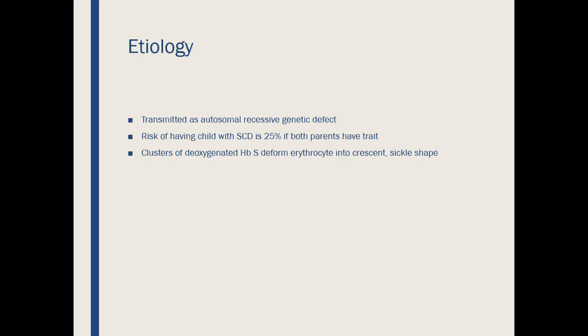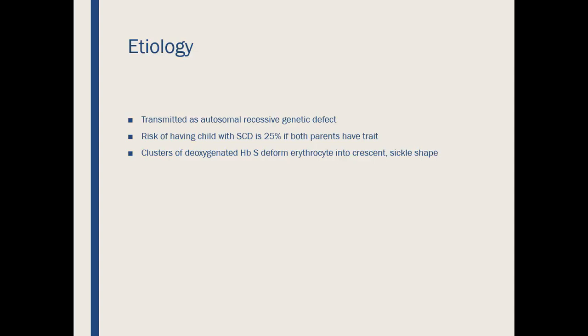Alright, etiology. Sickle cell anemia is transmitted as an autosomal recessive genetic defect. The risk of having a child with sickle cell disease is 25% if both parents have the trait.